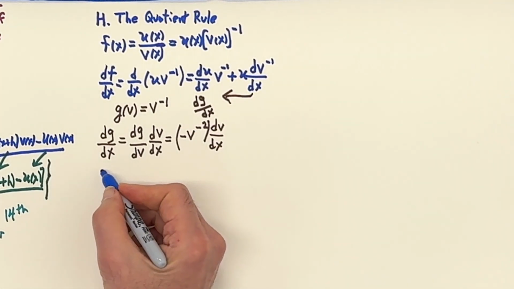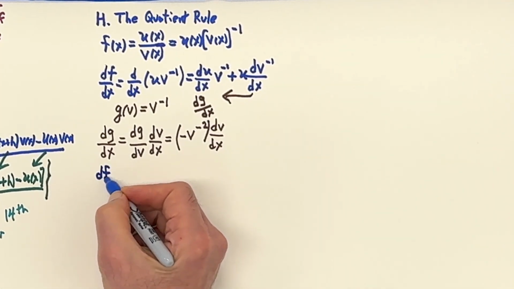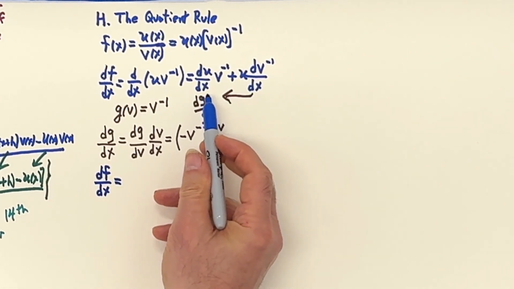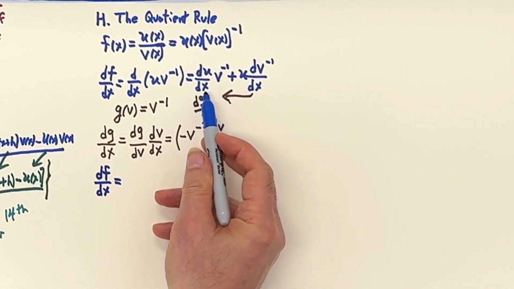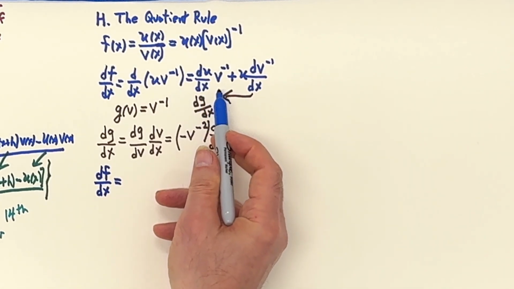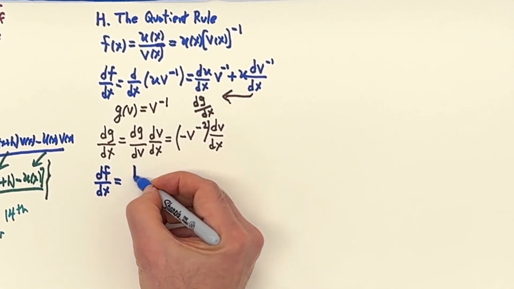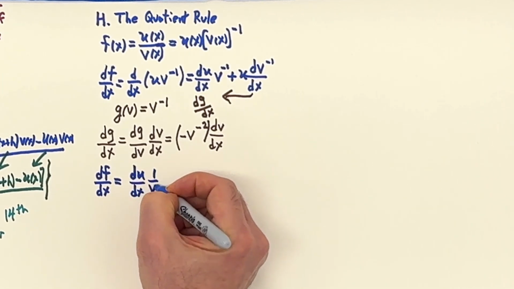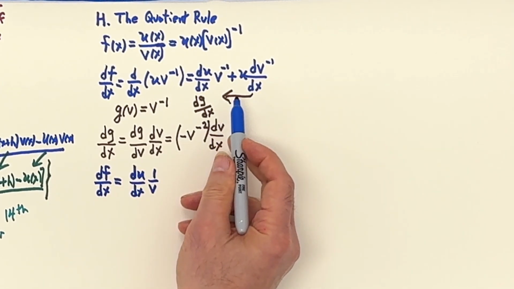So what do we have? We have df dx is equal to, up here I have a du dx with the 1 over v. So that's going to be du dx with the 1 over v. But then I have to add something to that.